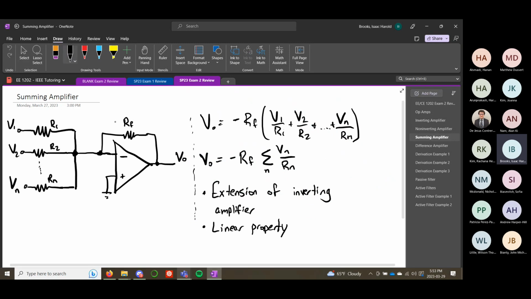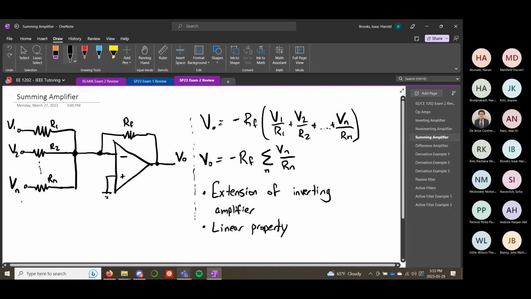Okay, so you're intimately familiar with the summing amplifier. We'll talk about it real quick. You can see that it degenerates down to the regular inverting amplifier configuration if we have just one input.